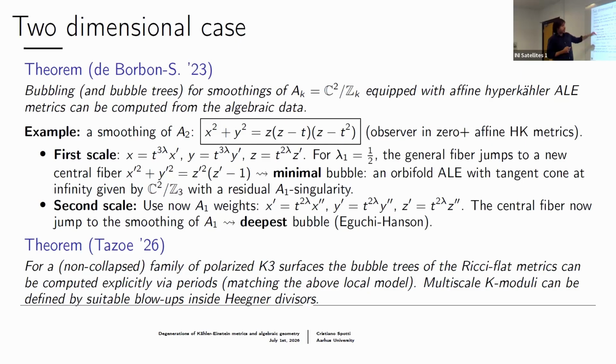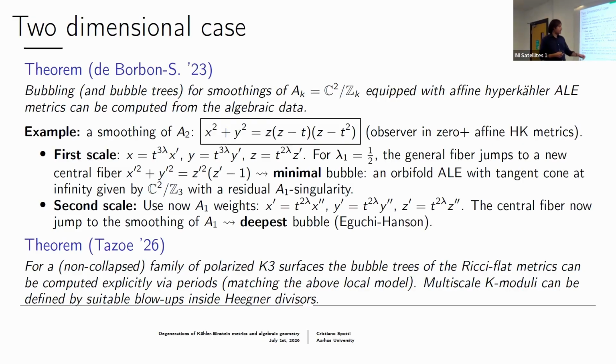This is purely local, but a joint PhD student with Odaka have shown that this local picture is also global for K3. There you can use period computation to see that this picture is really occurring for bubbling of K3, thanks to Torelli type theory for gravitational instantons in that situation.